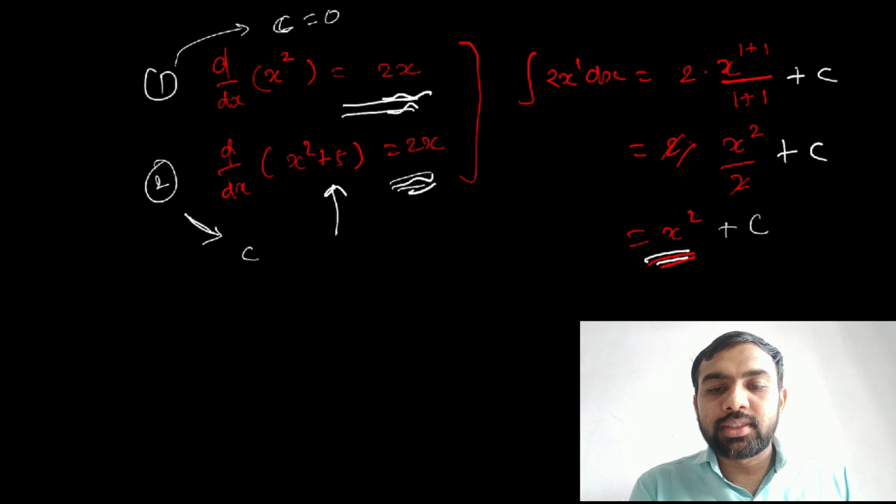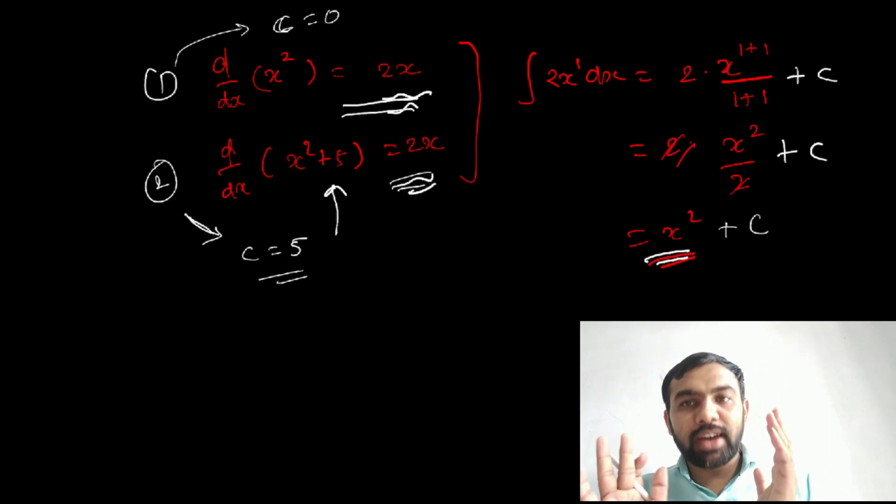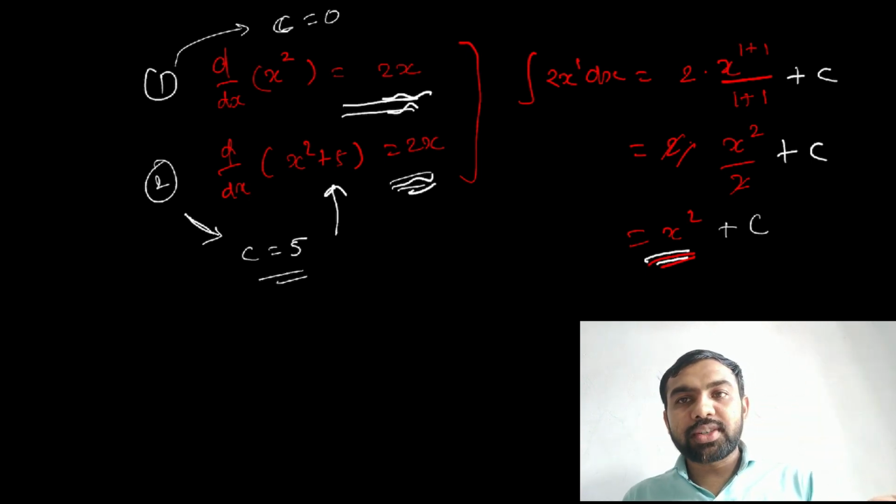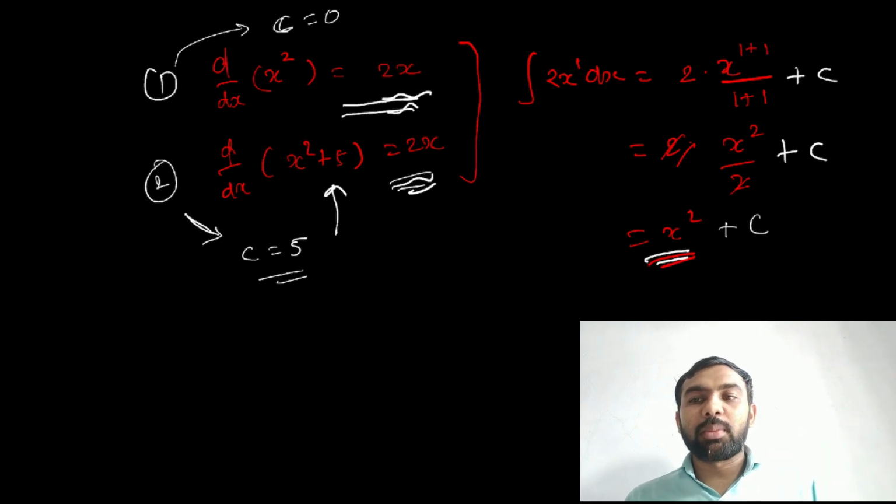In the second example, c is equal to 5. Do you understand why we put c everywhere? This is the reason to put the c in each example. Note this in your books properly, then after that we will go to the next one. Okay, note it.